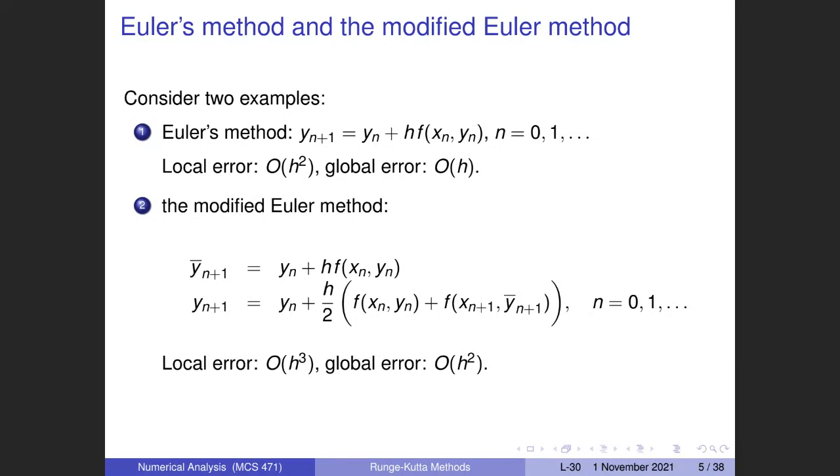Euler's method. So you have the overlined y here, where, let me point it out. So the overlined is the implicit equation. So the modified Euler method is the trapezoidal method, but it had a problem that you can't really apply this.